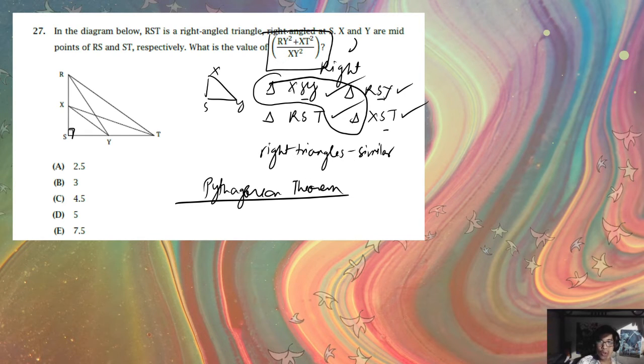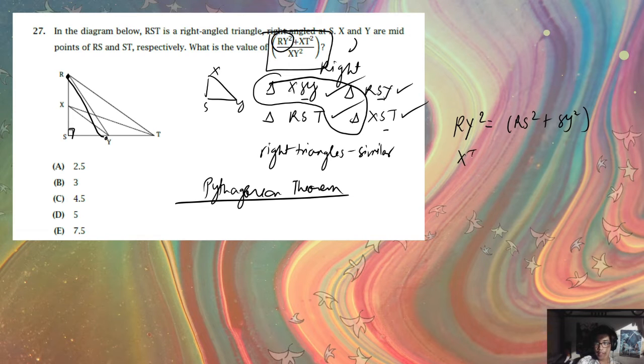So let's go to RY squared first. What is the value of RY? RY here is the hypotenuse of RSY. So therefore, RY squared is equal to RS squared plus SY squared, using the Pythagorean theorem.